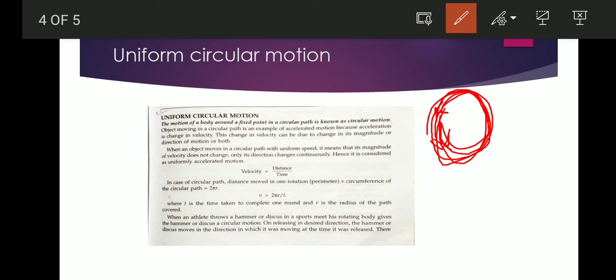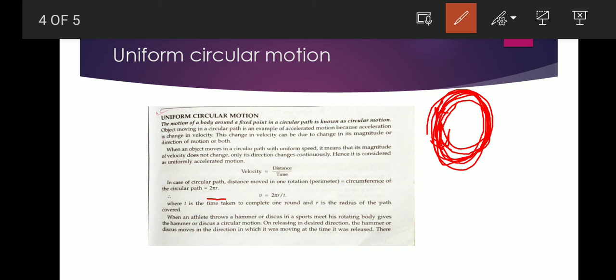Velocity is given by distance divided by time. In this case, since our motion is in a circular path, the distance is the circumference of a circle. The circumference of a circle is given by 2 pi r. Then velocity will be 2 pi r divided by time, since you have to divide the distance by time.